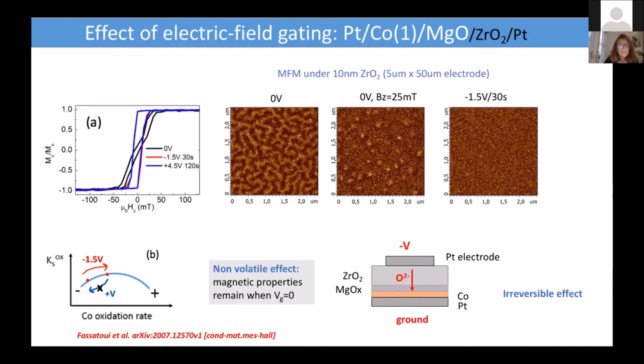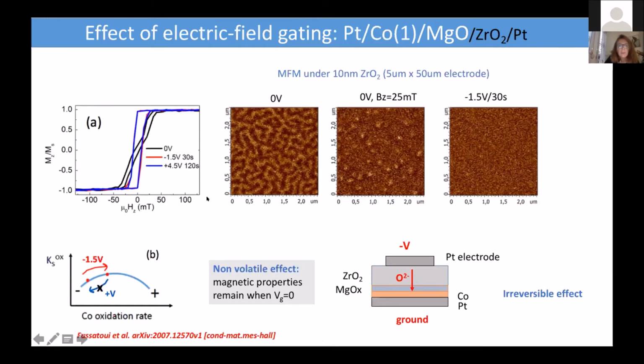This suggests that the microscopic mechanism resulting in this increase of anisotropy is the migration of oxygen ions within the zirconium oxide layer down to the cobalt interface, driven by this negative voltage. This is in agreement with what we know about our system. It was prepared in an under-oxidized state, and so an increase of the oxidation would lead to an increase of the anisotropy.